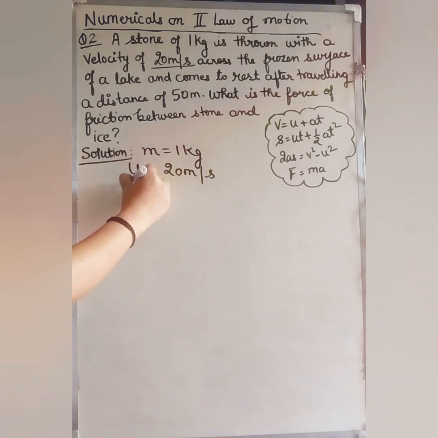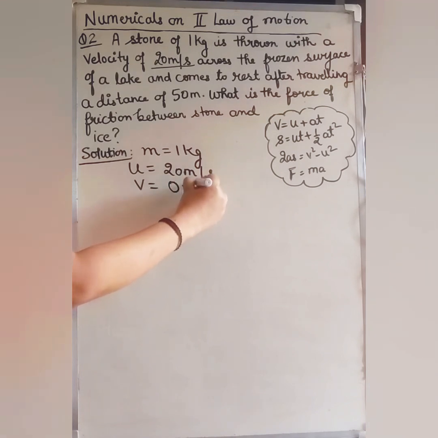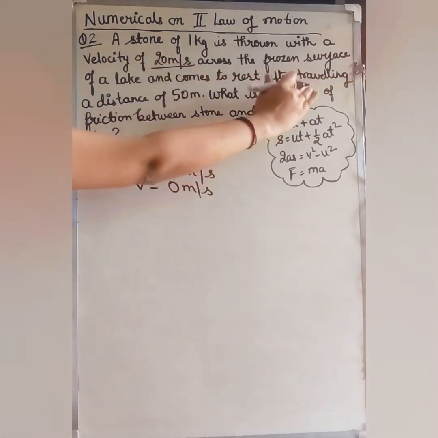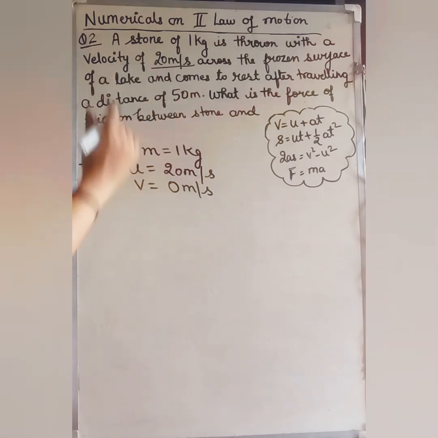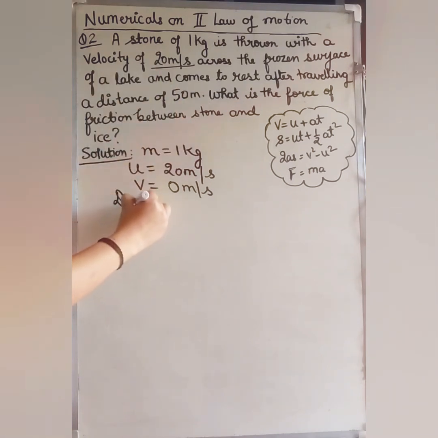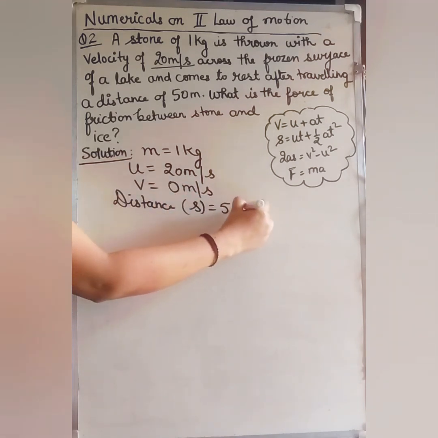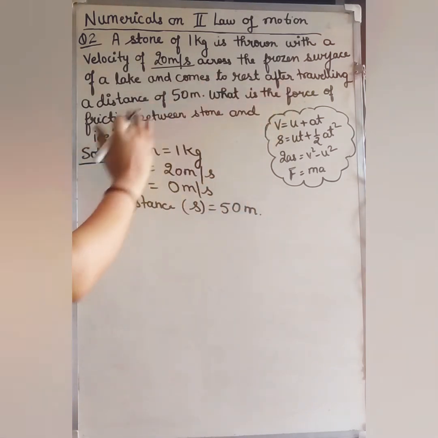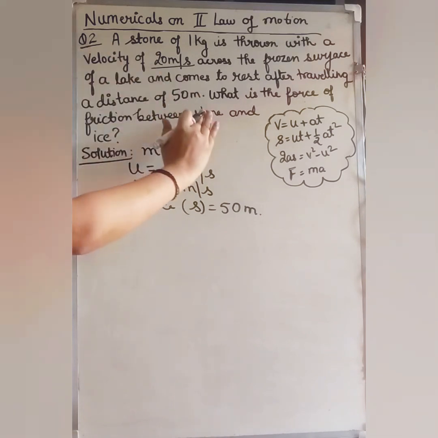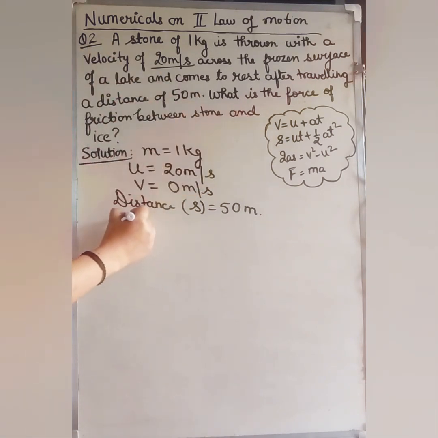So if the stone is coming to rest, it means that its final velocity is 0 meter per second. And before coming to rest, it is traveling a distance of 50 meter on the frozen lake. So students, your question is to find out the force of friction between the stone and the ice. So you have to find out the value of force.